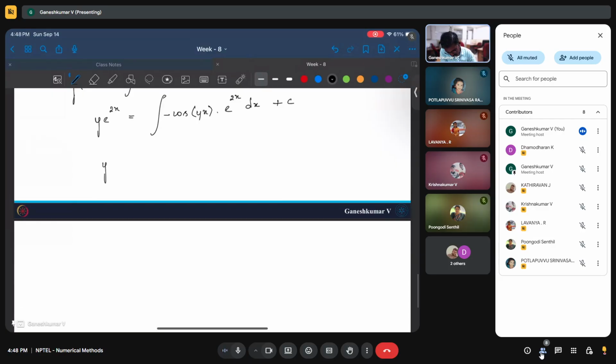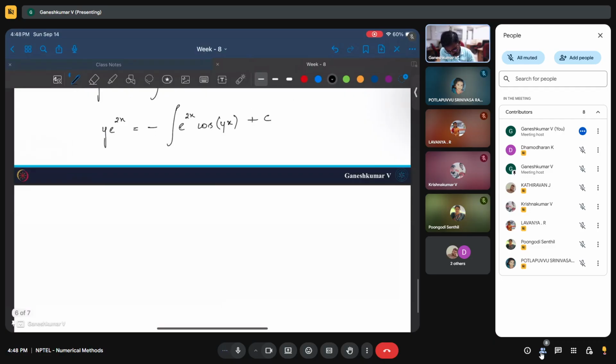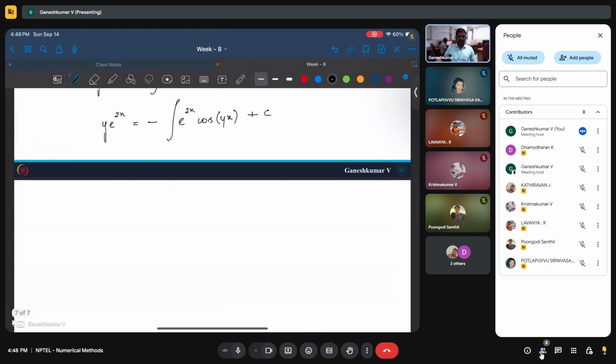Now this is equal to minus integral of e power 2x cos 4x plus c, correct? So now you need to integrate e power 2x cos 4x.